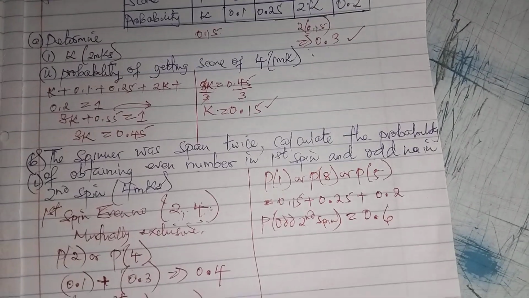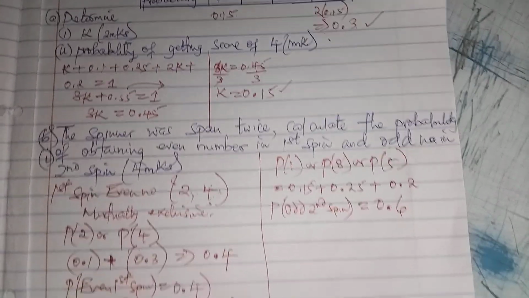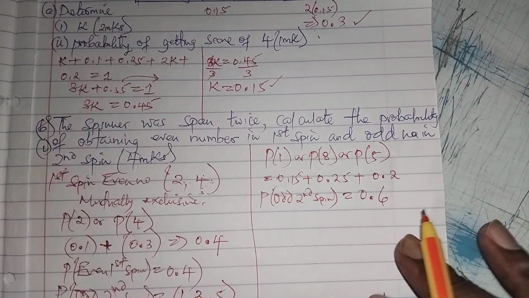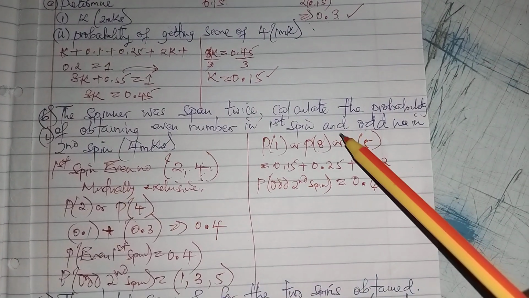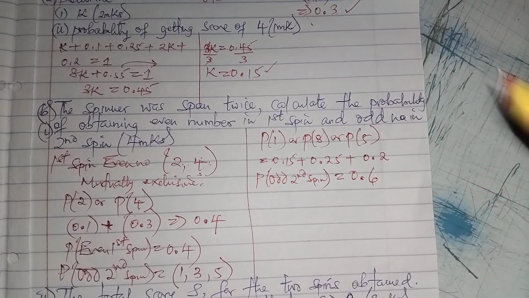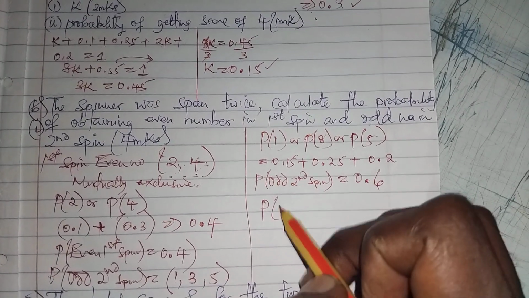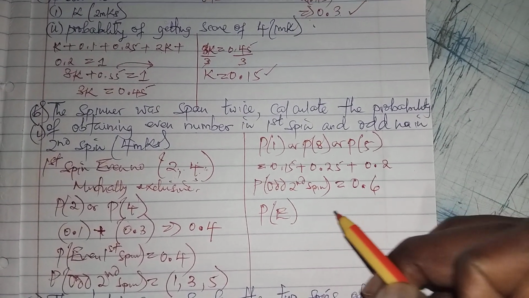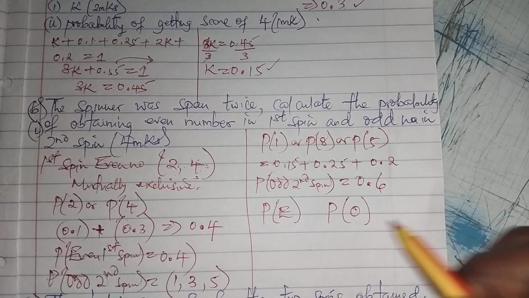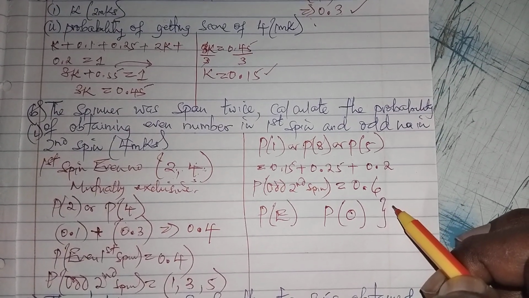But now you have to remember again, the first spin was even, the second spin was odd. So the probability of getting even in the first spin and the probability of getting odd in the second spin, these events are independent.